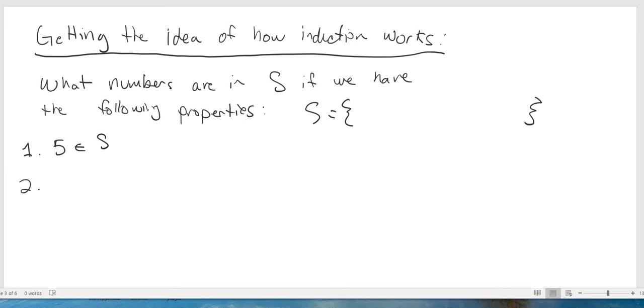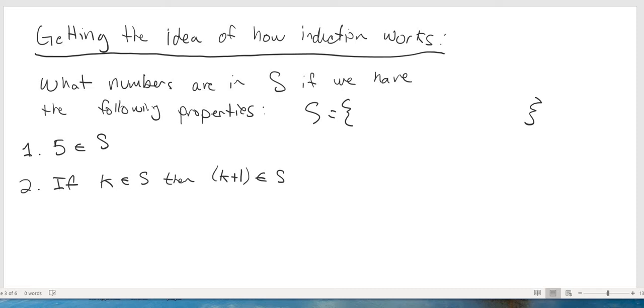Let's say that we also know the following. If K is in S, then (K plus 1), and I put this in parentheses so we know that this is supposed to be together, is also in S. So here we're using a variable, right?